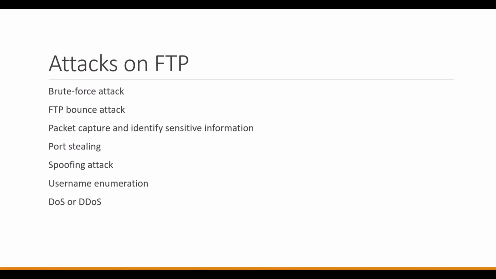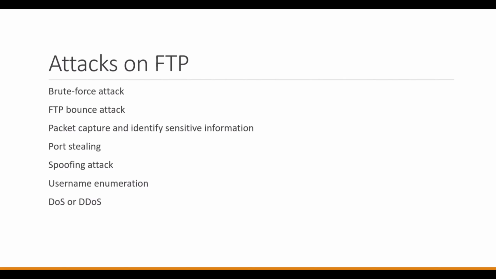And we can also perform packet capturing, right? For example, if you log in onto any ftp service, you can run your wireshark, and you can capture the packets in the network, and you can sniff the information related to the username, password, or any sensitive information which is on the ftp service, right?